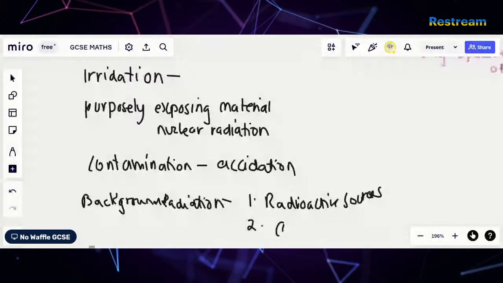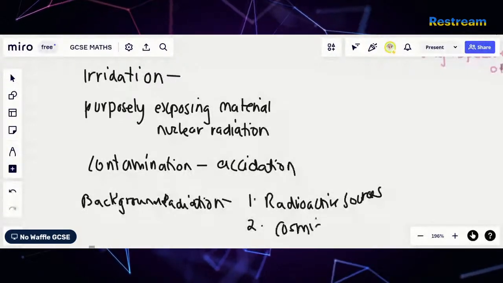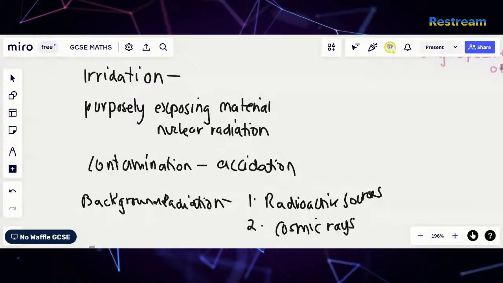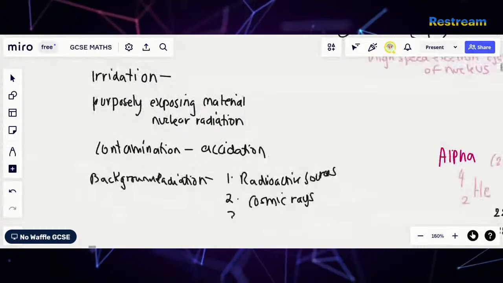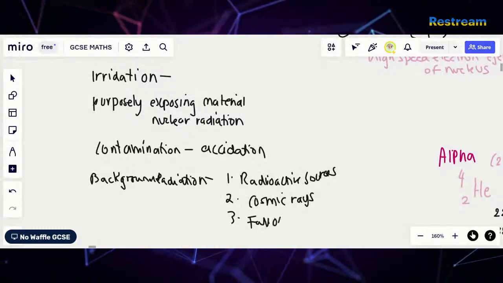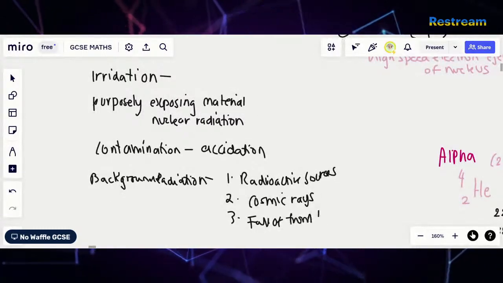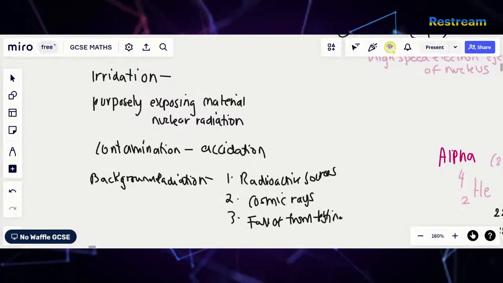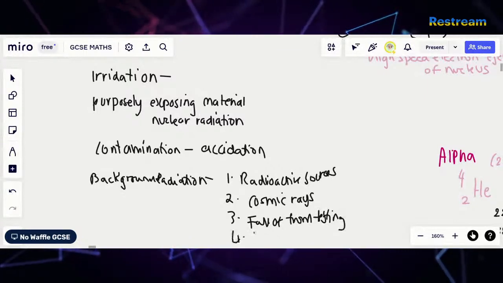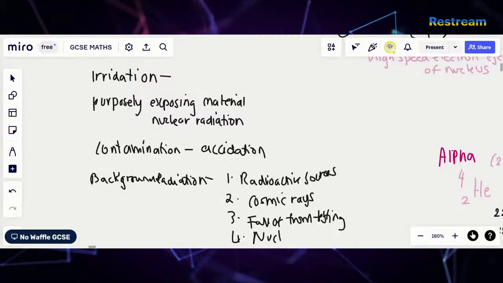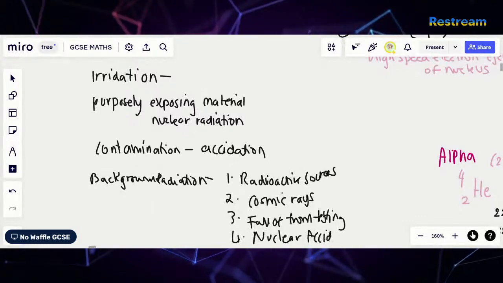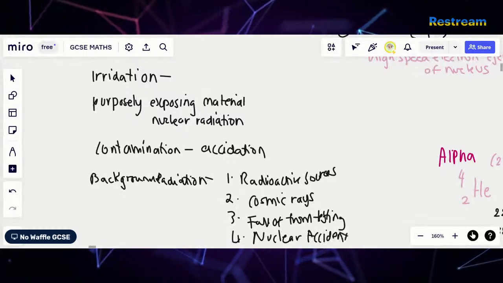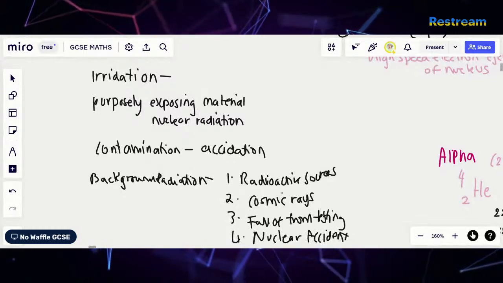The second is cosmic rays, which are just high energy particles from space that interfere with the earth. The third is fallout from testing, like nuclear weapons testing. And the fourth is nuclear accidents. These are the 4 causes of background radiation and why we have radiation in our atmosphere here today.